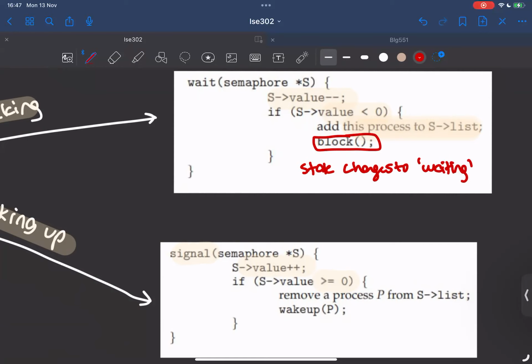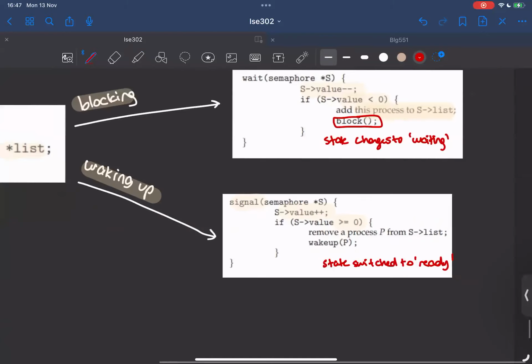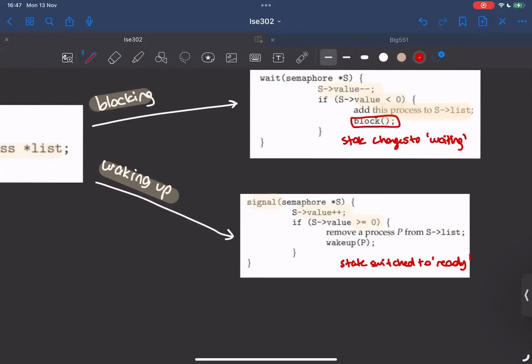The CPU scheduler then selects another process for execution. And when a process executes signal, it increments the semaphore value. And if the value is non-positive, indicating waiting processes, one process is removed from the waiting queue and switched to ready state. Actually, this allows for more efficient use of CPU resources.